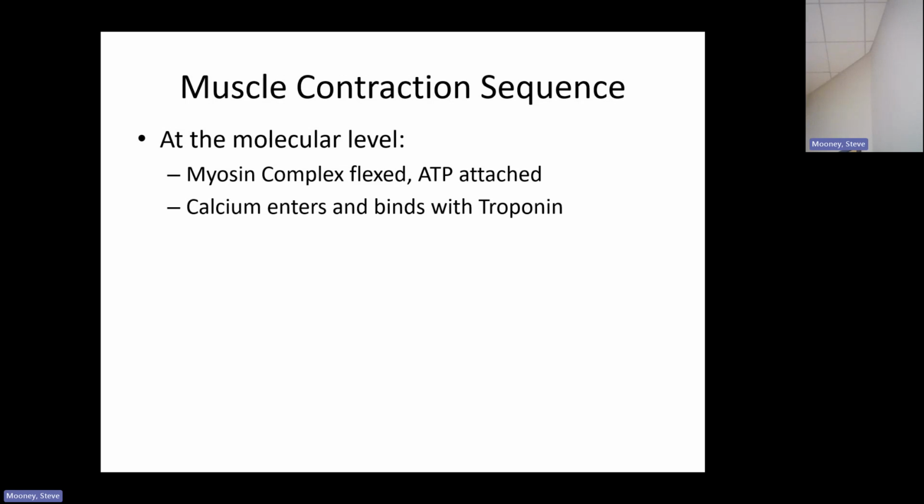Calcium enters and binds with troponin, which is on our thin filament. Once it's attached, it's going to act as a crowbar. And it's going to roll the troponin, the tropomyosin, over to the side. We're going to pry on that.